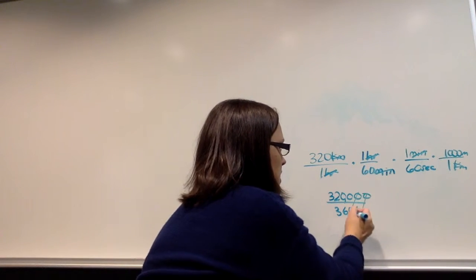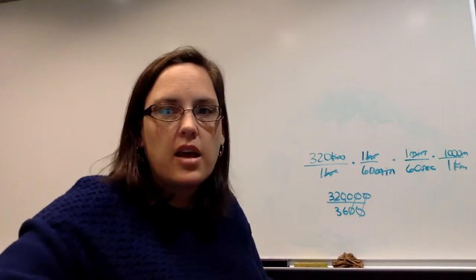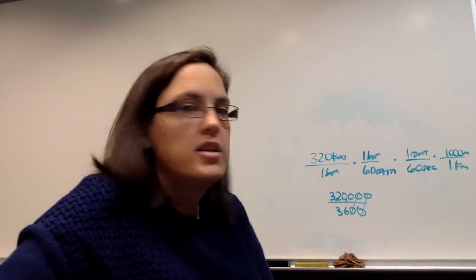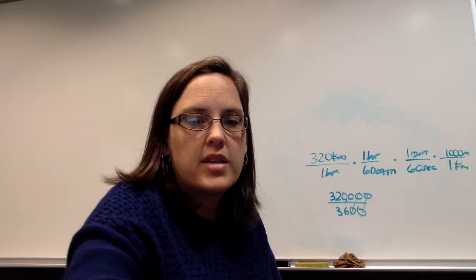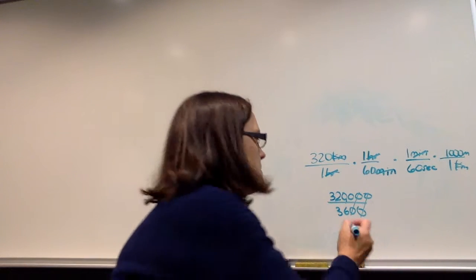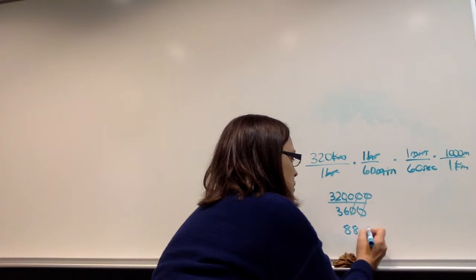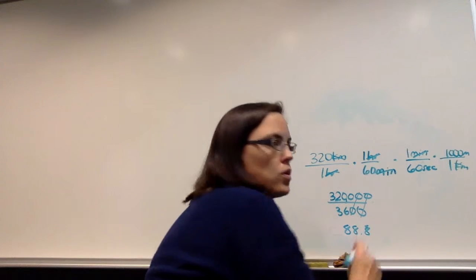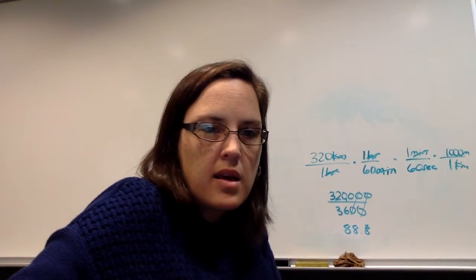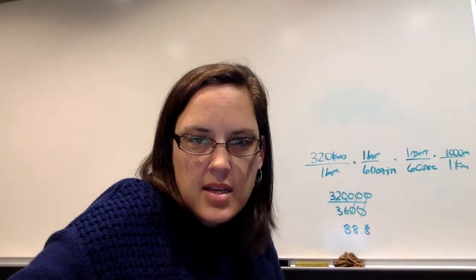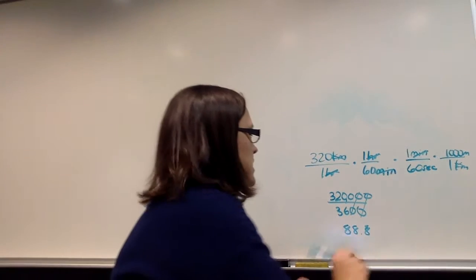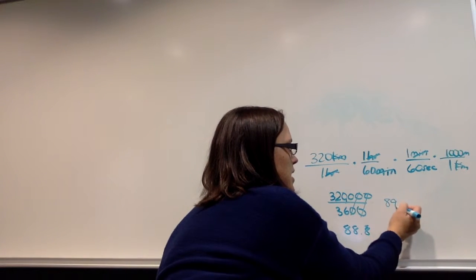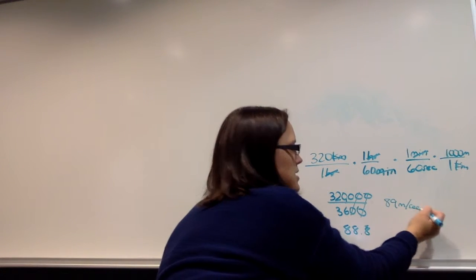I can cross off a common 0 there and take 32,000 divided by 36 to get roughly 88.8 repeating, or in this case, the example says about how many meters per second is this, so we could say 89 meters per second.